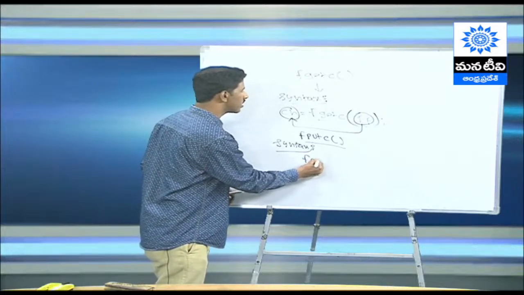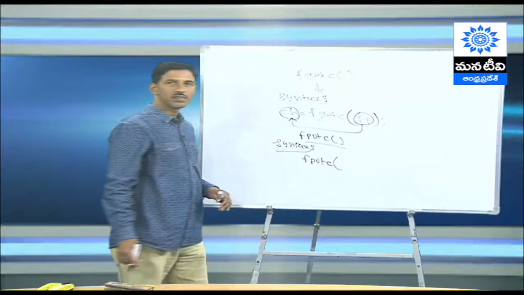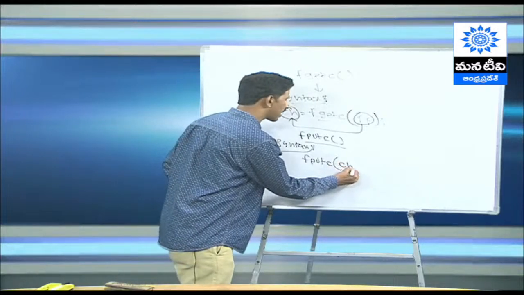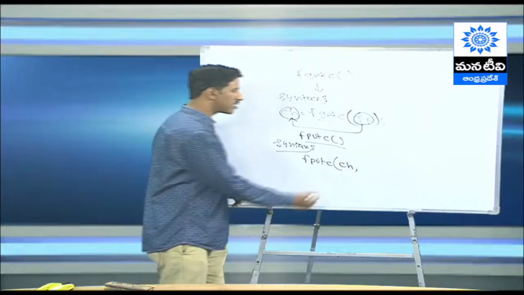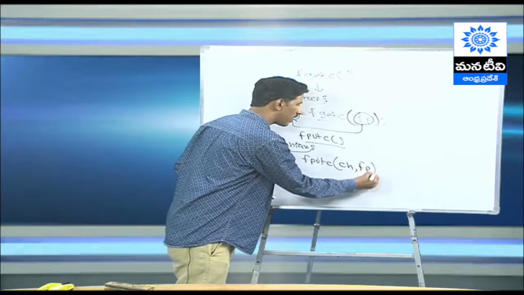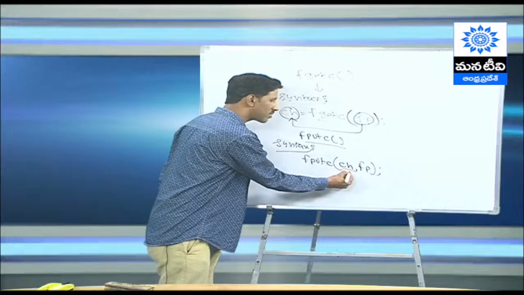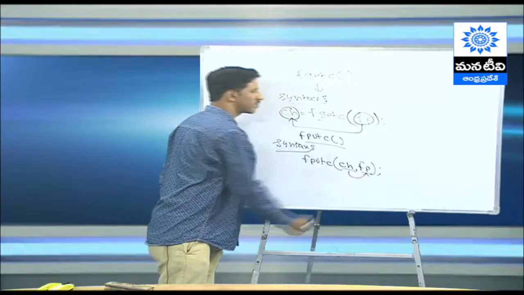How to write that? fputc. Each character you typed is sent to the file through the file pointer. Whatever characters you typed are sent to the file.